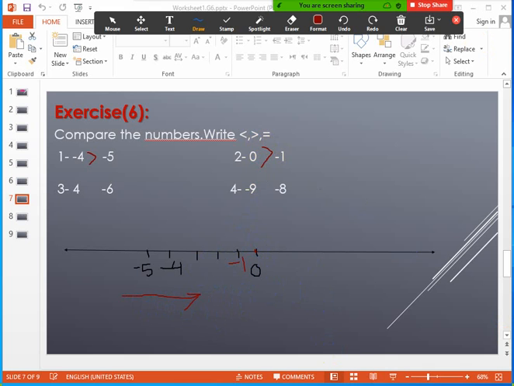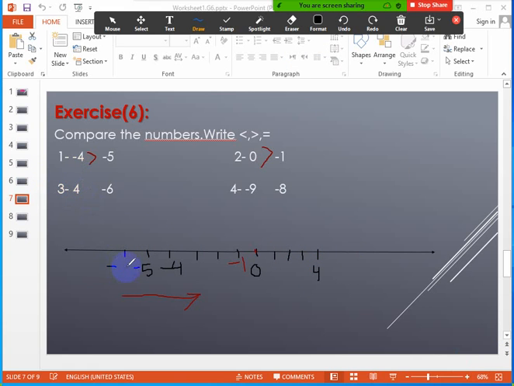Who didn't answer? Okay, raise your hand. Okay, Manal, open the mic now. I want to compare between 4 and -6. This is 1, 2, 3. This is 4. This is not negative. This is 4, girls.